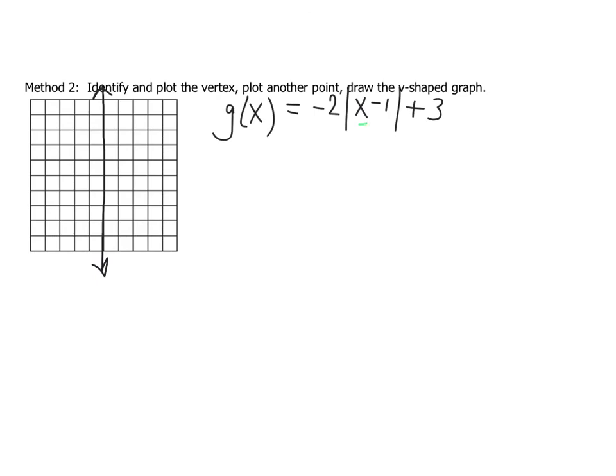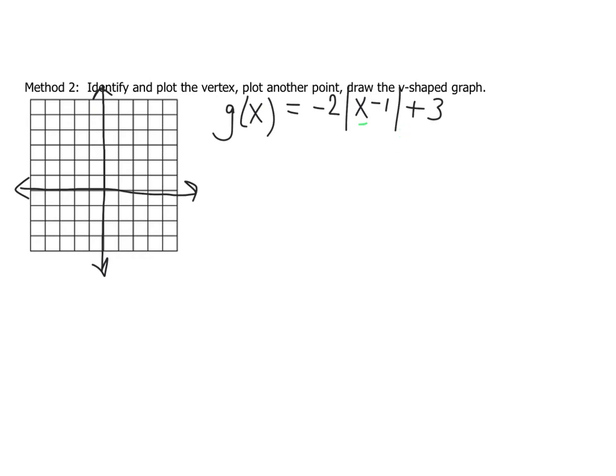So think about what is happening around the vertex of the parent function. The parent function is at 0, 0. Well, from 0, 0, what is this telling me to do? This is telling me to move it to the right 1 unit. This out here is telling me to move it 3 units up.